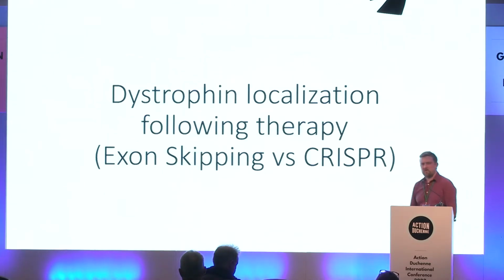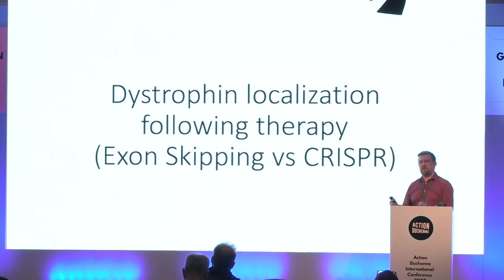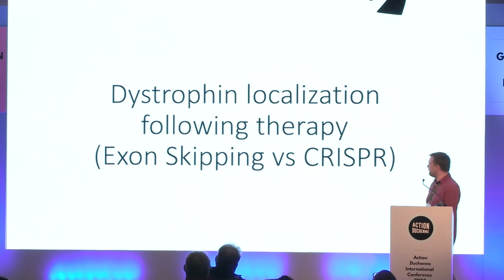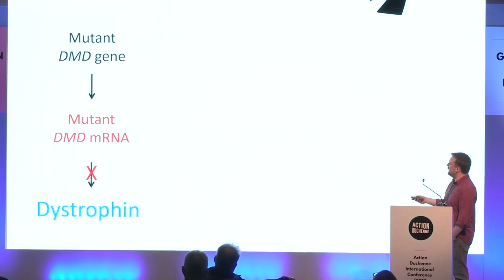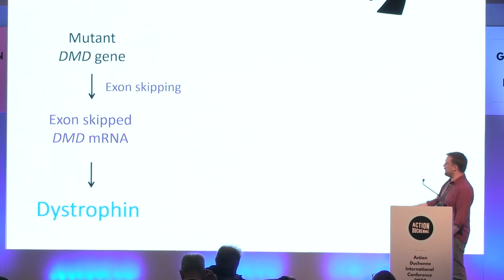So what I was really interested in was whether we could look at the various kinds of dystrophin restoration therapies and ask the question: do these restore dystrophin in different distribution patterns? We were really interested in comparing exon skipping with CRISPR approaches. I'm just going to quickly run through these studies now. To contrast the different approaches, exon skipping involves reframing the transcript at the RNA level, which then results in re-expression of dystrophin.